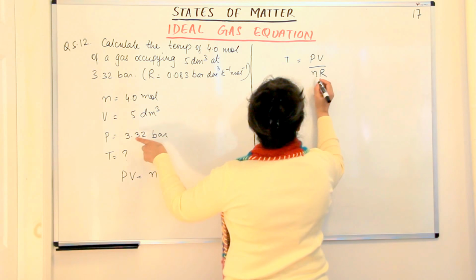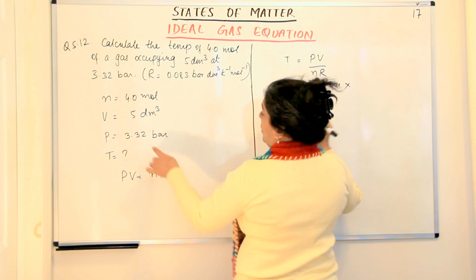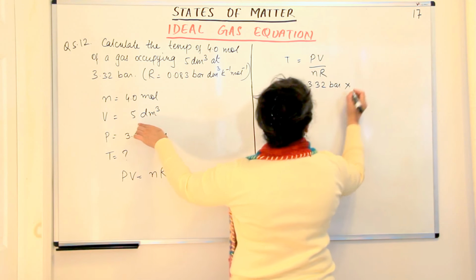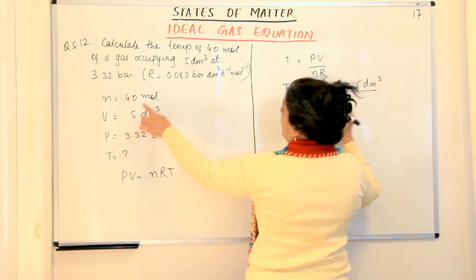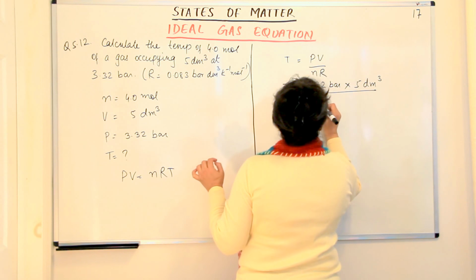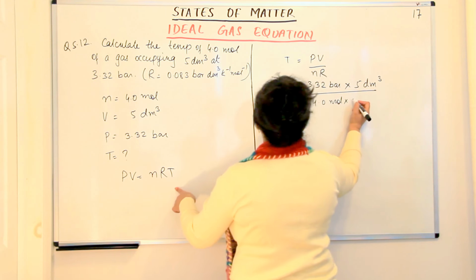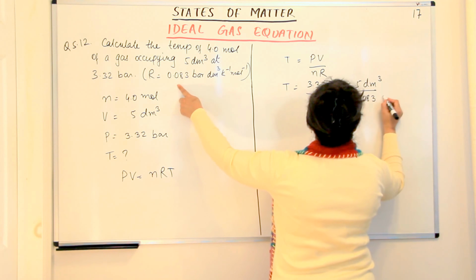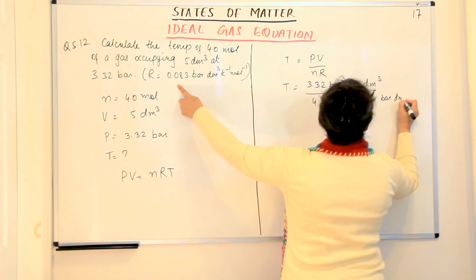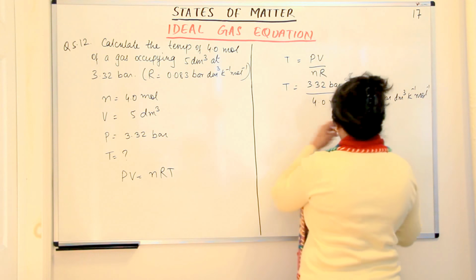Pressure is 3.32 bar. Volume is 5 decimeter cube divided by number of moles, 4 moles, into R. The value of R is 0.083 bar decimeter cube per Kelvin per mole, right?